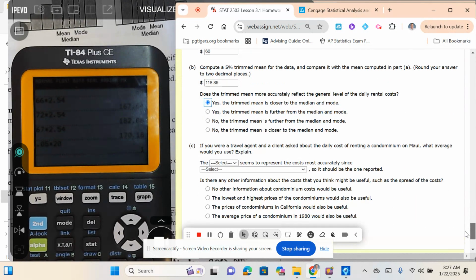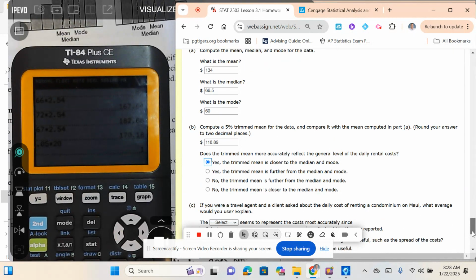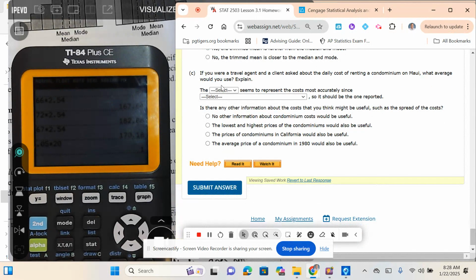What would the travel agent want to sell? If you're trying to sell it, would you want to advertise a price of around 118 or 134? Or would you want to do it around the price of 66.5? So what would you try to do as a travel agent? Which one would you want to do? I would want to do that.